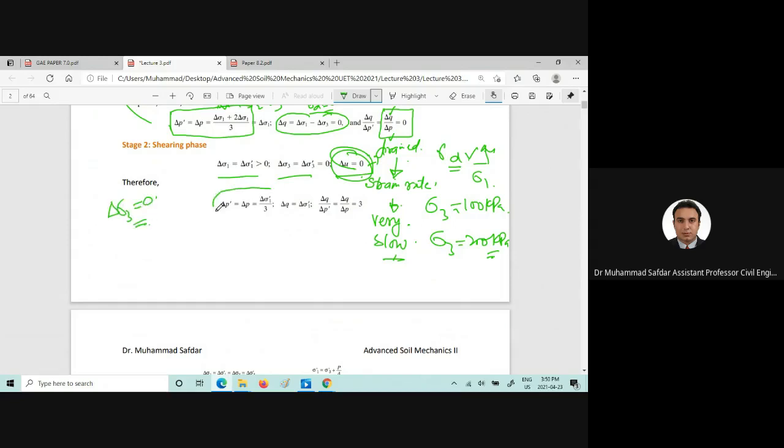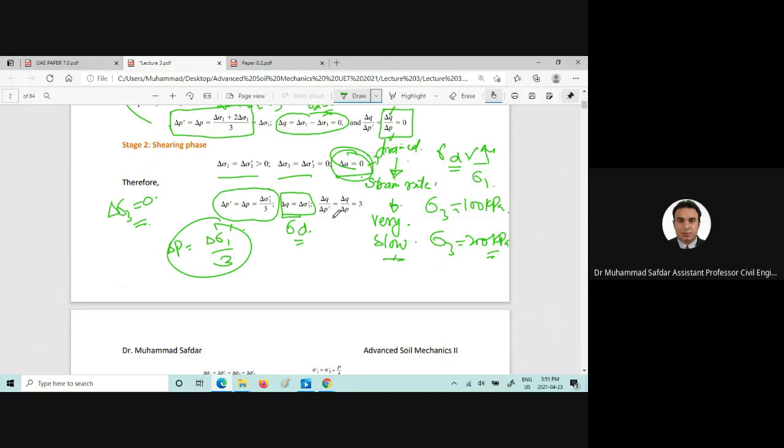Therefore, we can write the mean effective stress equation: delta P is equal to delta sigma prime 3. Okay, and delta Q will be equal to the change in the major principal stress because sigma D will be applied.